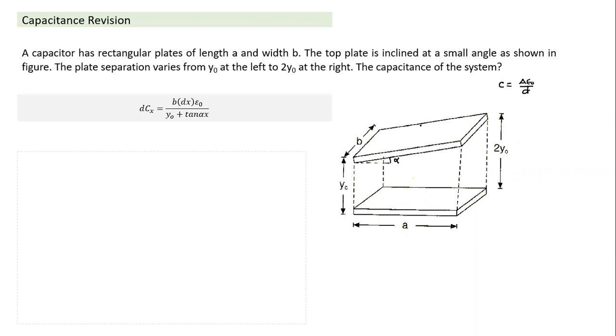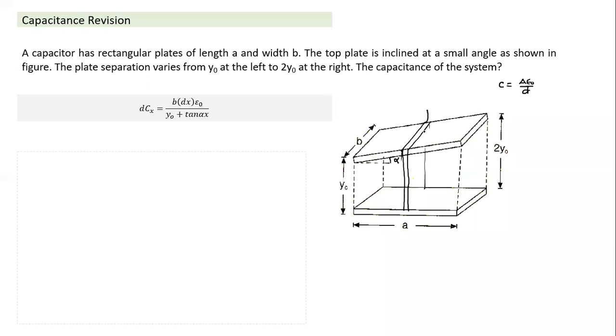What we can do is divide it into small pieces, slices like this. For a small slice, the separation can be taken as constant. So I divide the whole capacitor into several parallel capacitors, calculate the capacitance of one piece and add it up.